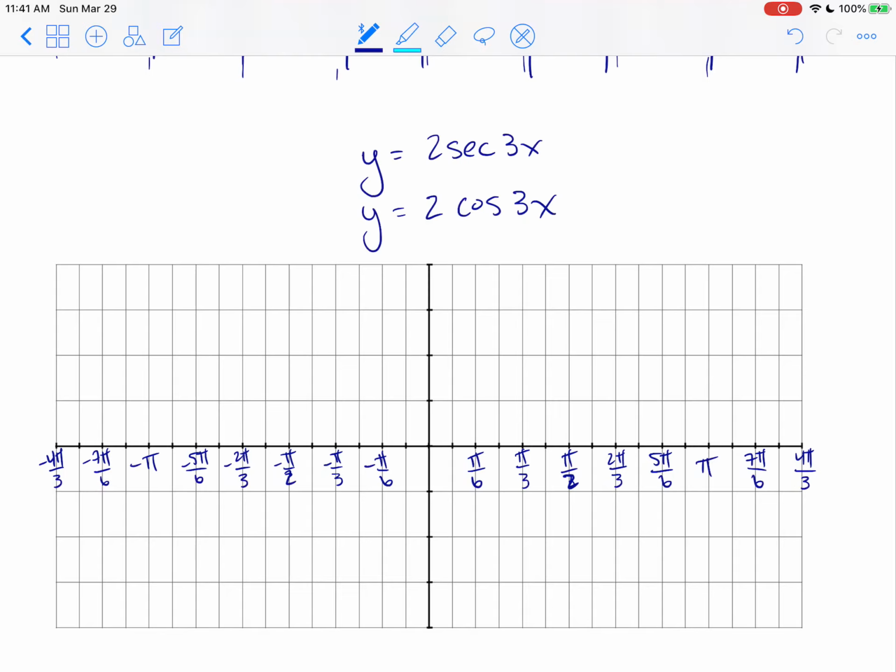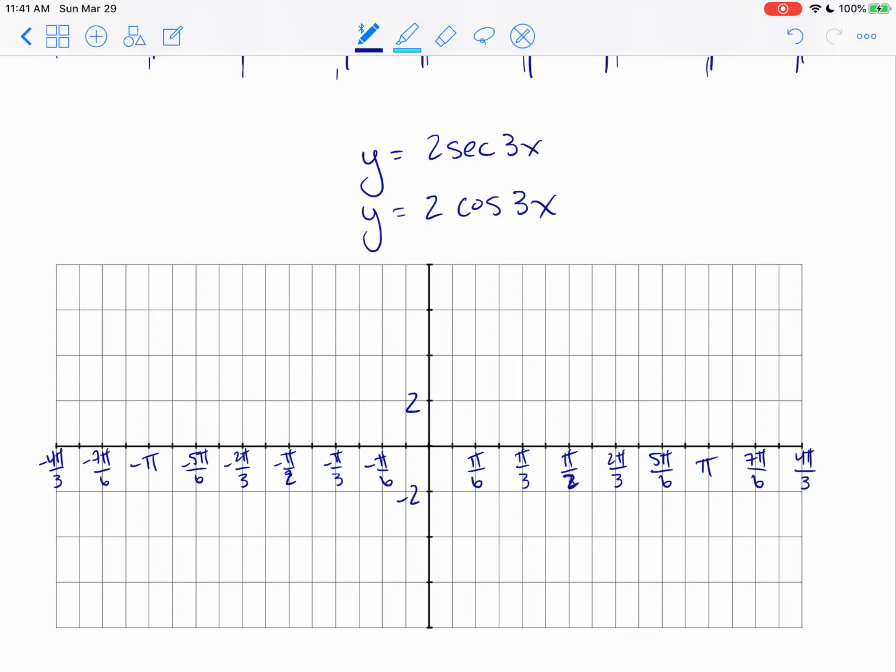Okay, our amplitude is 2, so I'm going to label this as 2, and this one's going to be negative 2 down here.